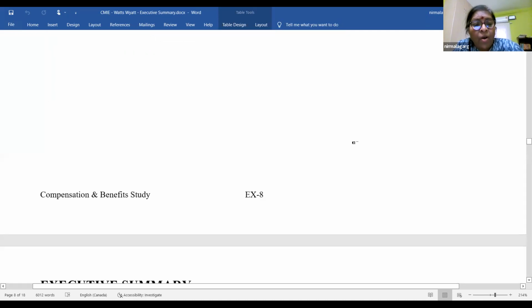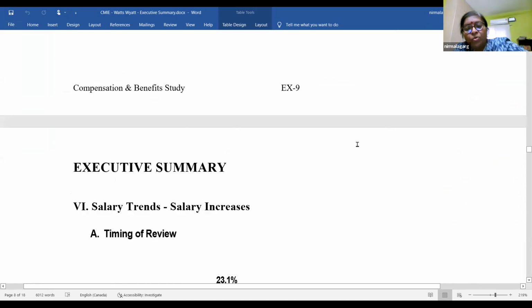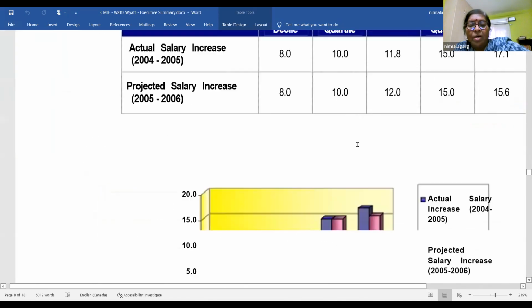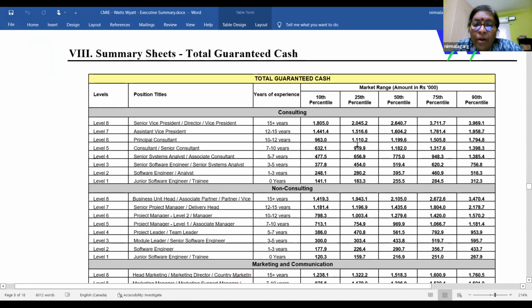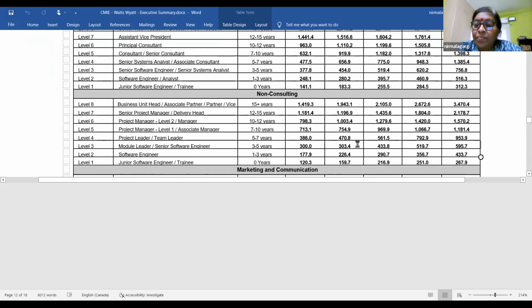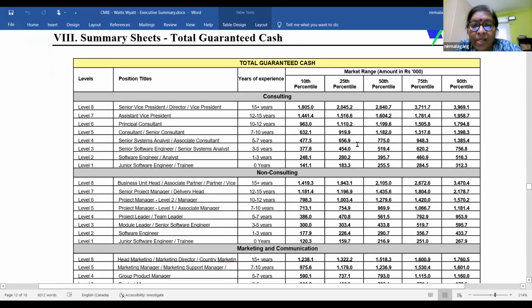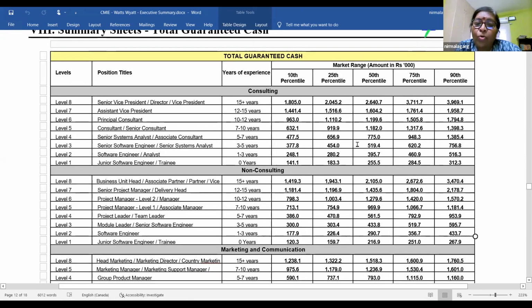Now, having done that, what's very important here? Typically, in a compensation survey, you get an analysis like this. Whenever you publish, buy a report, or are part of a compensation study, you get a report like this.